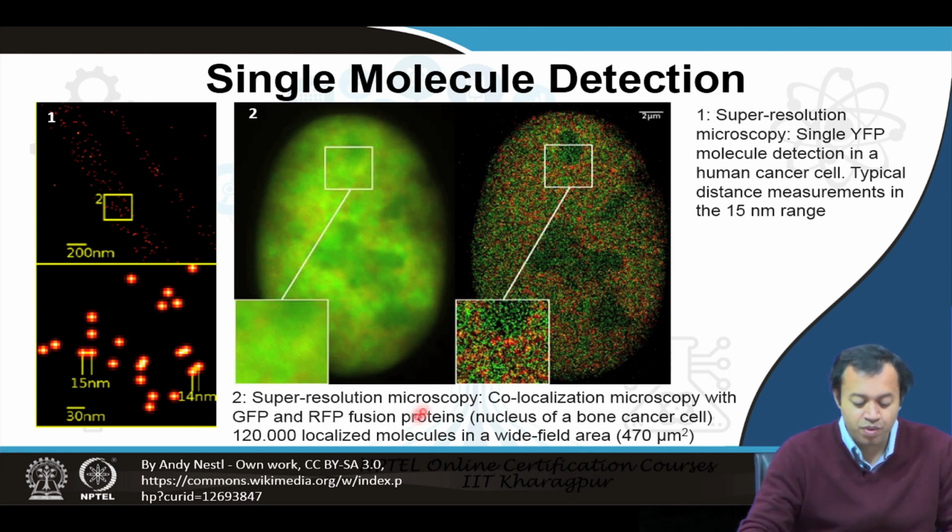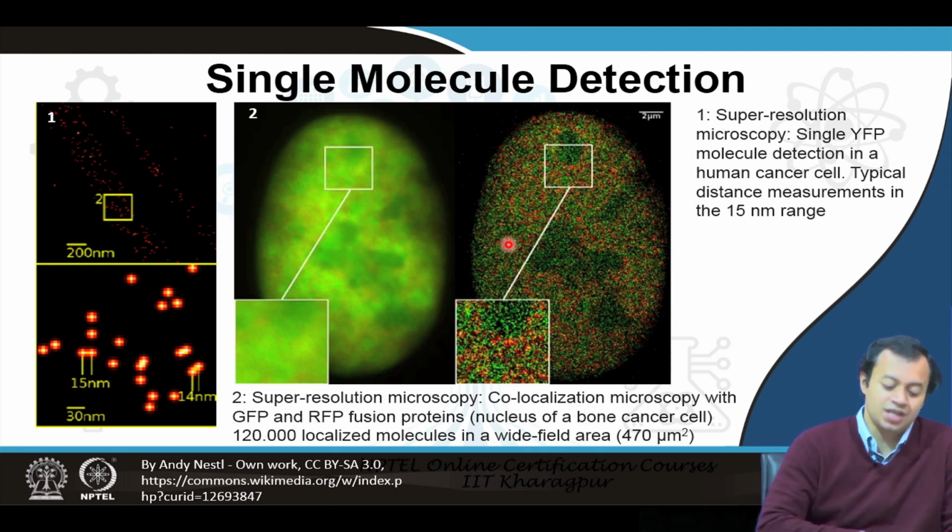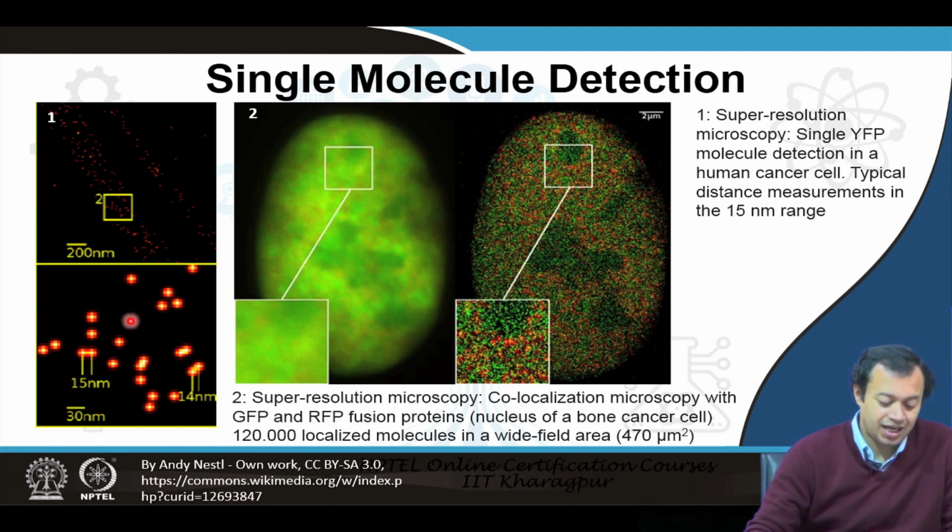We use super resolution microscopy. Basically, we tag materials with some kind of fluorophores, either green fluorescent protein or red fluorescent protein. They are fluorophores with quantum efficiency reaching about 100%, or 1. So, any kind of excitation will result in some kind of fluorescence, and at the end of the day, a substantial amount of single molecule detection is extrapolation.